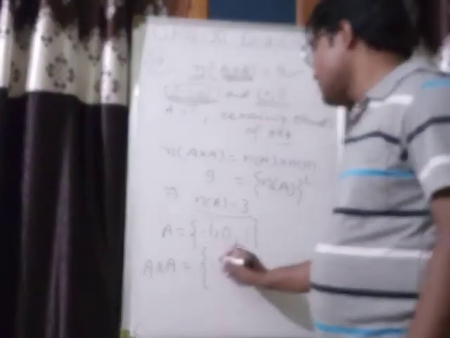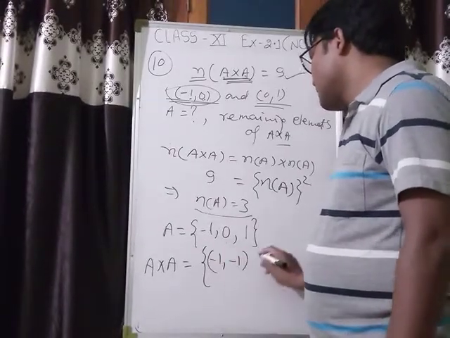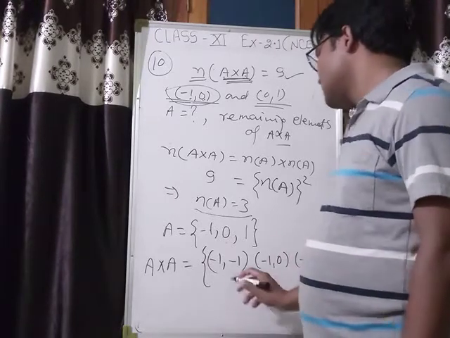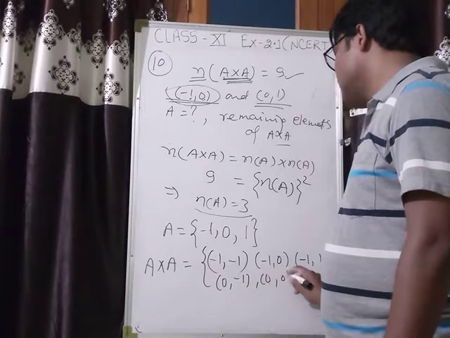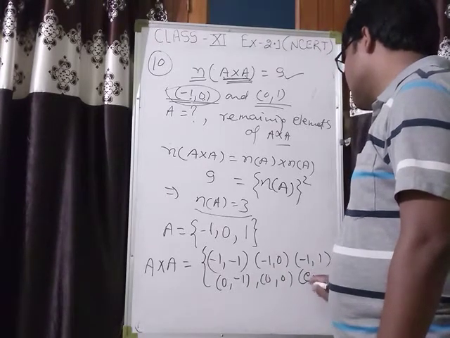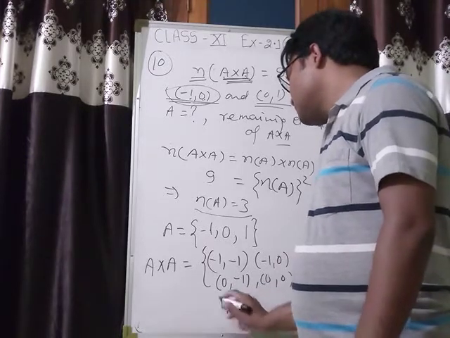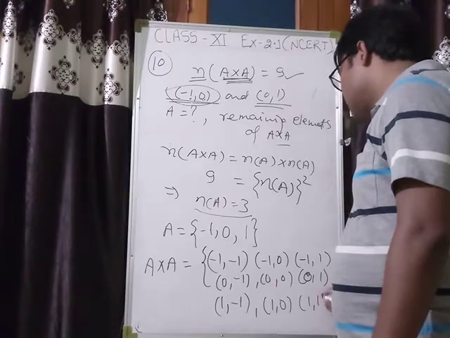So (-1, -1), then (-1, 0), then (-1, 1). After that (0, -1), (0, 0), (0, 1). After that (1, -1), then (1, 0), then (1, 1).